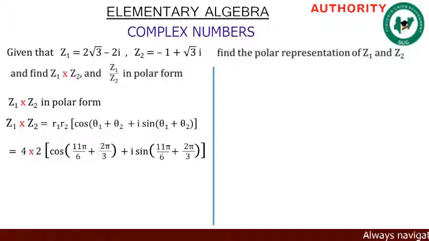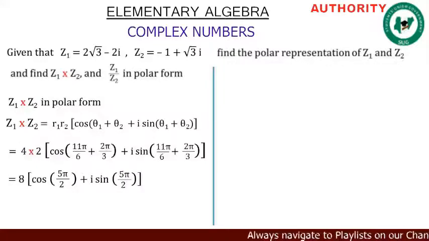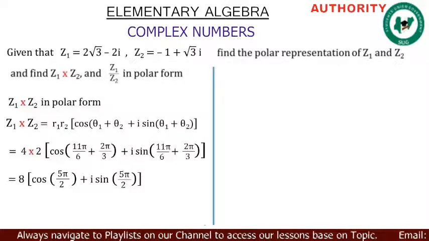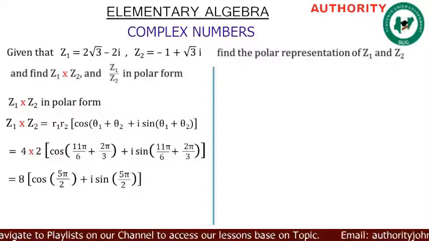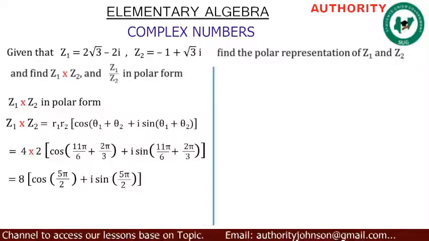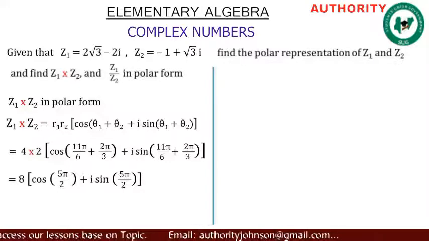Now 4 times 2 is going to give us 8, and 11 all over 6 pi plus 2 all over 3 pi is going to give us 5 pi all over 2, or 5 all over 2 pi. Is that clear? Yes. So when you say 11 all over 6 pi plus 2 all over 3 pi, it's going to give us 5 all over 2 pi.